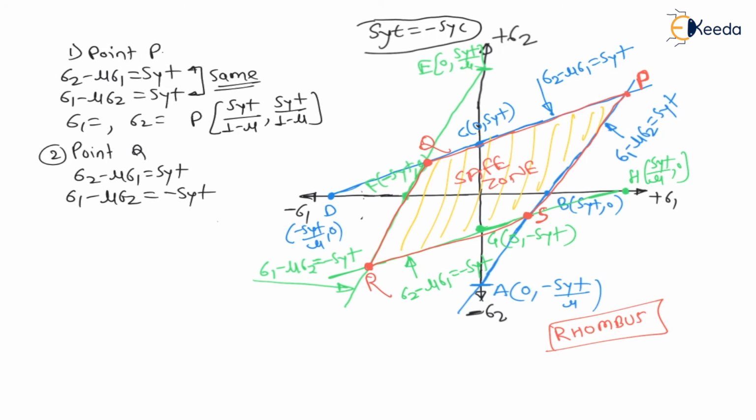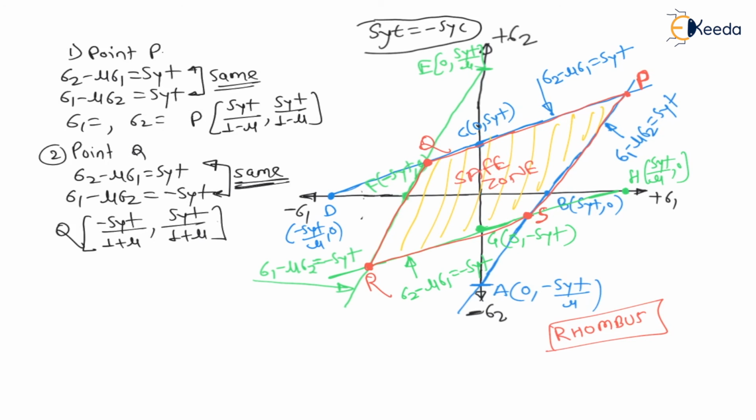These two lines are the same at their common point Q. Solving for sigma 1 and sigma 2, we get the coordinates of point Q as minus SYT divided by 1 plus mu, comma SYT divided by 1 plus mu.